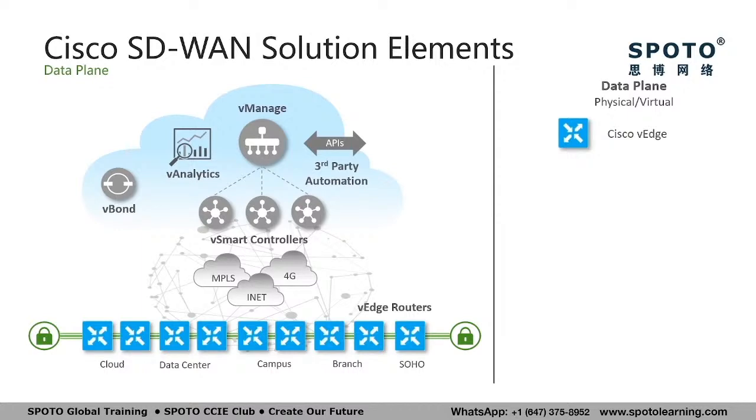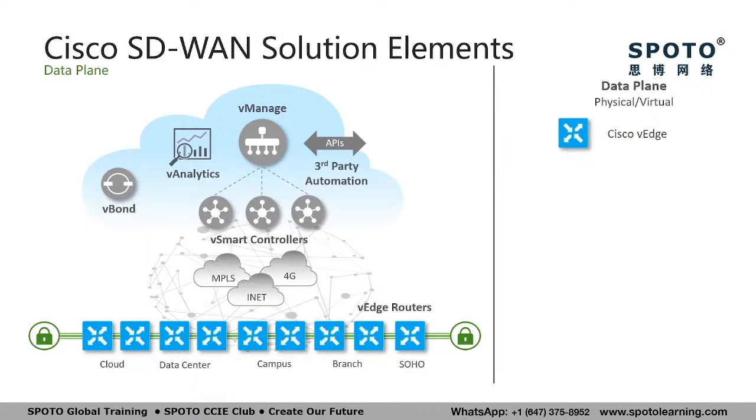As mentioned earlier, vEdge routers establish control plane relationship with vSmart controller to exchange pertinent information required to establish the fabric and learn centrally provisioned policies.